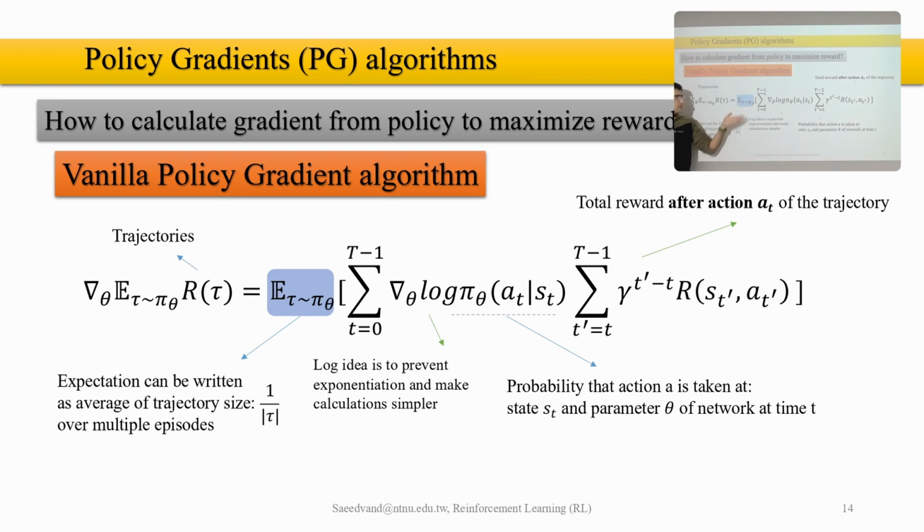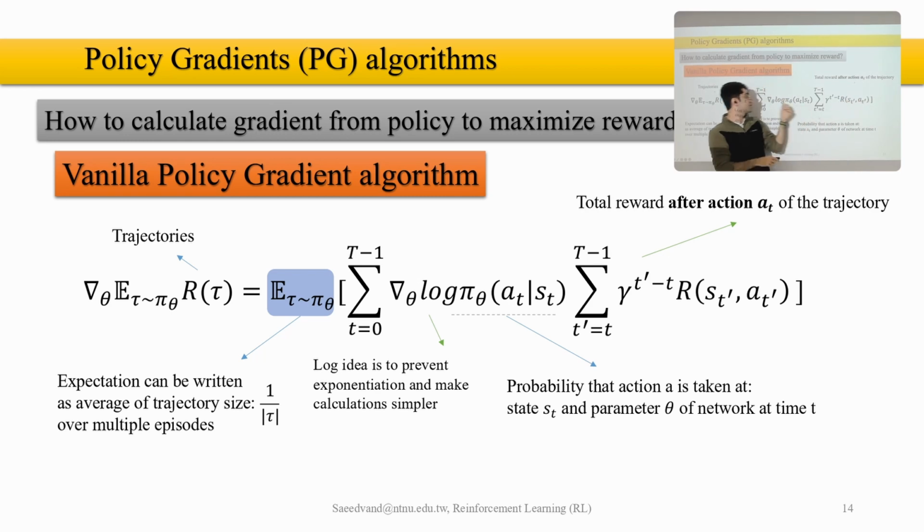It's the same thing. The expectation of this policy is the average, 1 over the number of trajectories, times the same calculation that we had: the sum over t from 0 to T minus 1 of the gradient of the logarithm of the policy pi, with the same definitions as before.